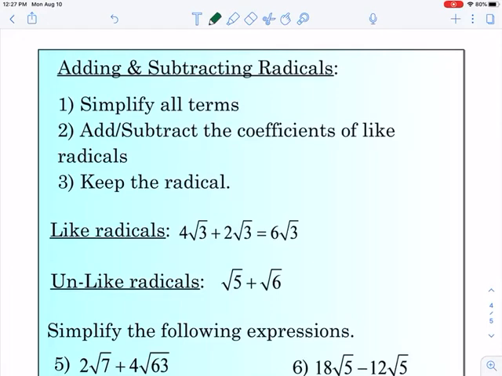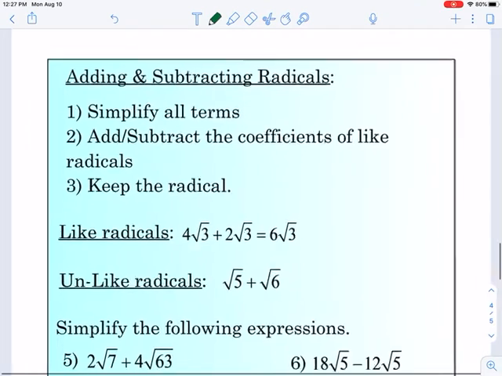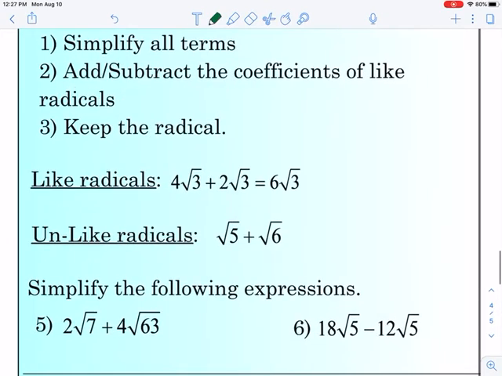Again, think about when you add 2x plus 3x, the answer there is 5x. It does not become 5x squared. So when you're simplifying your radicals here, think of them like adding and subtracting like terms. So like radicals, that means you have to have the same exact number underneath the radical house.